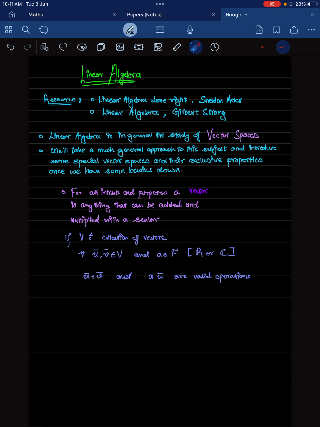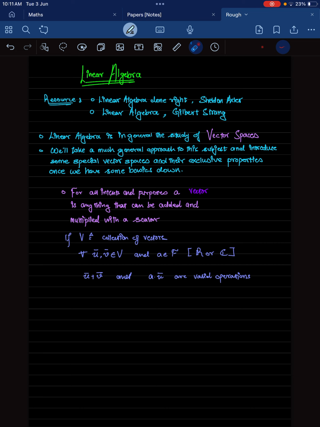Yes, those are also vector spaces provided we define some valid operations for them. But for all intents and purposes, we won't go into specific vector spaces while deriving some important results. For the application purposes, I will be giving examples of matrices, polynomials, all these things.